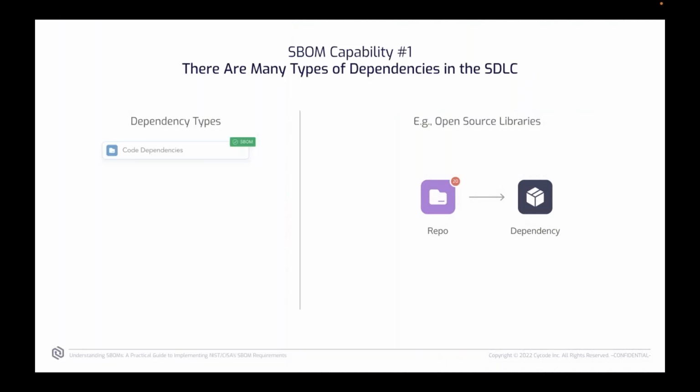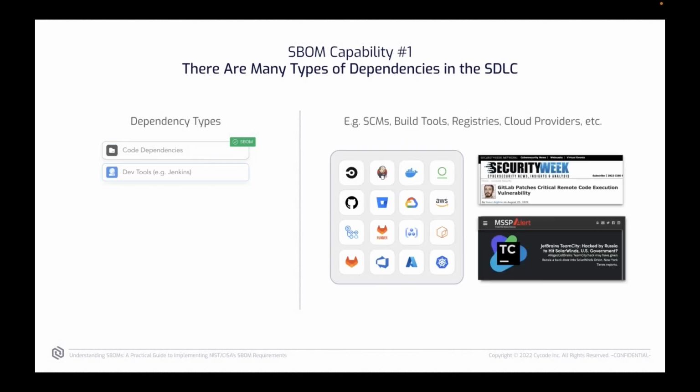And that is what SBOMs are focused on. They're looking at these code dependencies. Now, these code dependencies are a huge piece and they're really important. I don't want to downplay that, but it's not the only thing that you need to worry about when looking at your software supply chain. There are a lot of other dependencies that come into play.